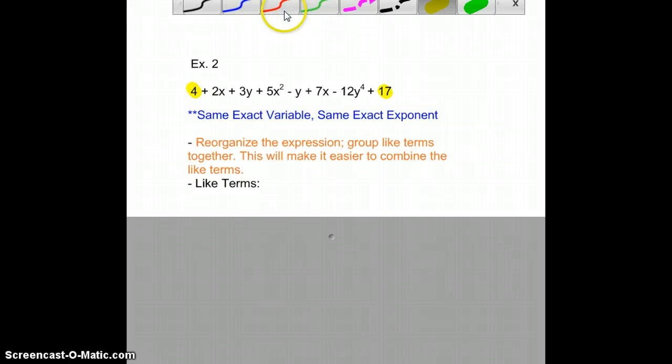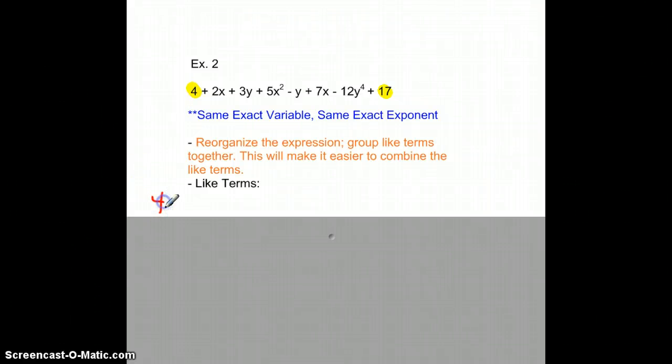So 4 and 17 are like terms, they're constants. And then let's take a look. We've got our x's here. We've got 2x, and we've got a 7x.